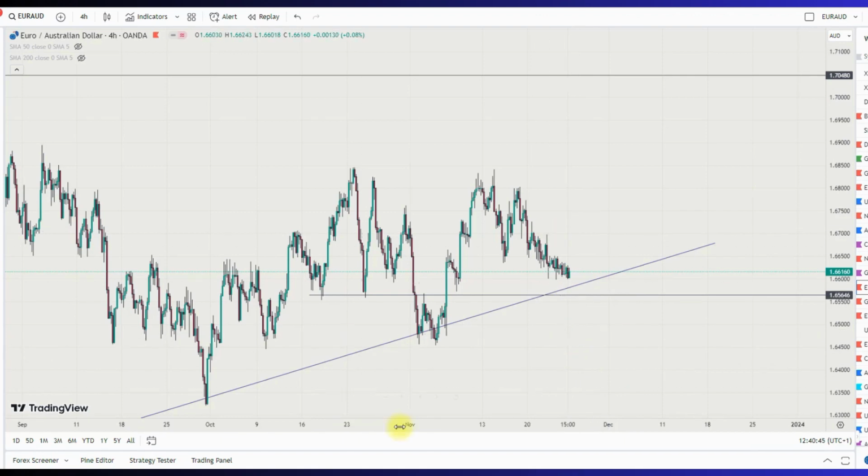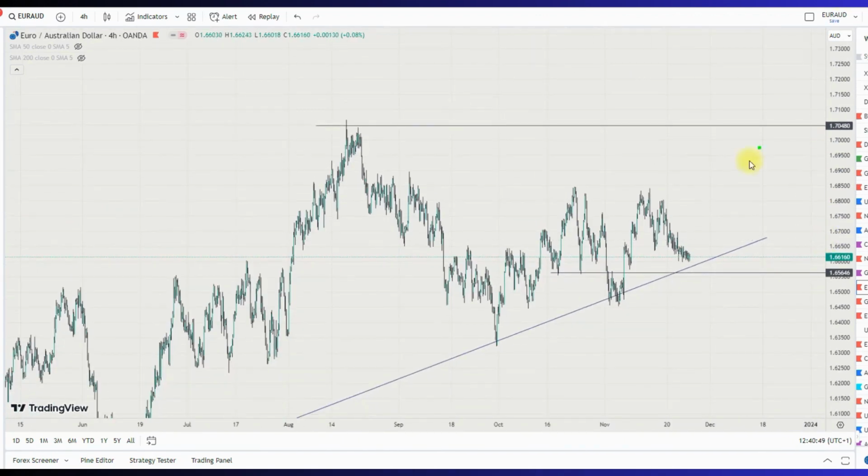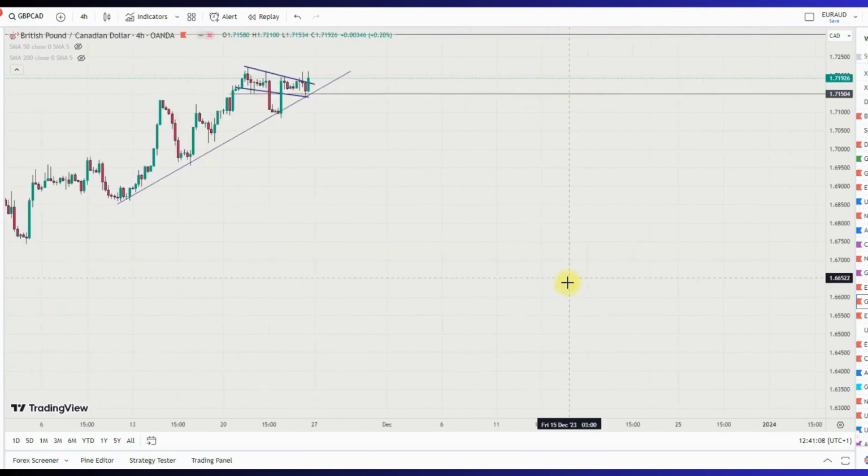So I'll be looking for another opportunity to buy because we are still in an uptrend. But if price comes back here, that's when I will be willing to buy Euro AUD back to 1.70480.